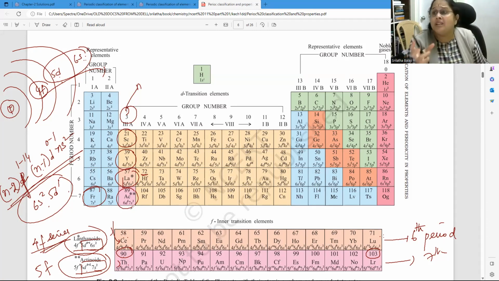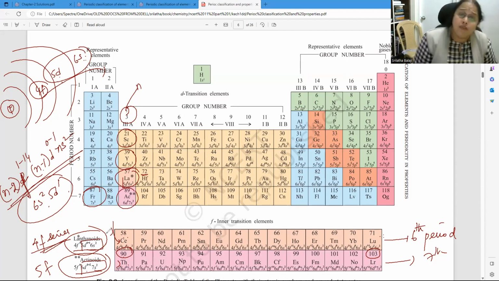A unique feature of lanthanoids and actinoids is that these elements belong to the same period, which is fine and makes sense. But all of them belong to the same group. Isn't that unique? See, elements rubidium to xenon all belong to the fifth period.